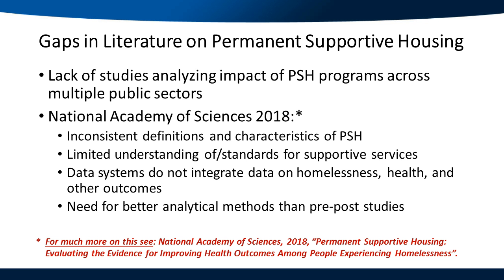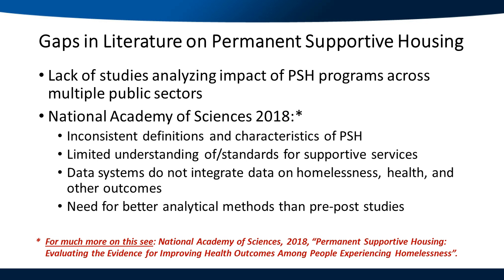If you look for this literature, you may find a study that looked at healthcare services, others that looked at the impact on mental health services, etc. But few studies have actually taken a holistic view of how a particular permanent supportive housing program impacts service utilization or outcomes across multiple sectors in a single study.